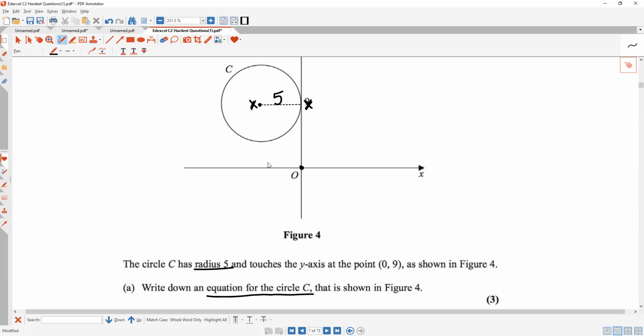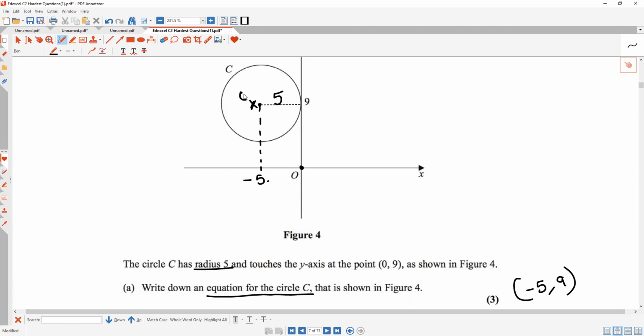If this is 0, your x value here will be -5, won't it? Your x value will be -5 and your y value will be 9. Do you understand? Tell me, everyone. Yeah, guys, tell me. All of you got this now. So your center here is -5, 9.